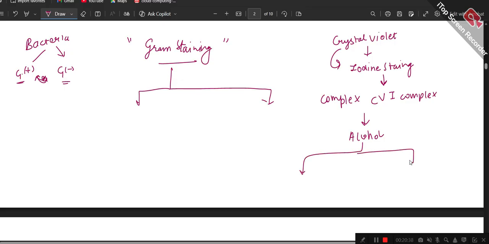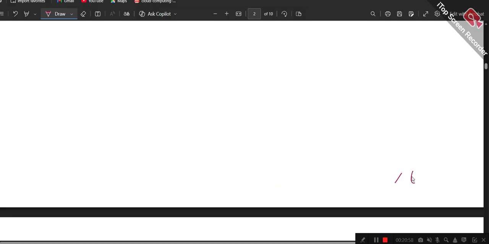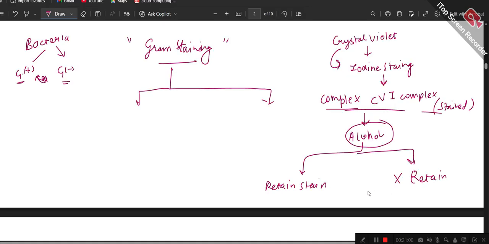The color of the stain is bluish purplish, so this is stained, right? But when we treat with alcohol, some of them retain the stain and some of them don't. The ones that retain the stain are called gram positive, and the ones which do not retain the stain are called gram negative. This is the only thing you need to know, just so that you know what the concept is if it is asked.